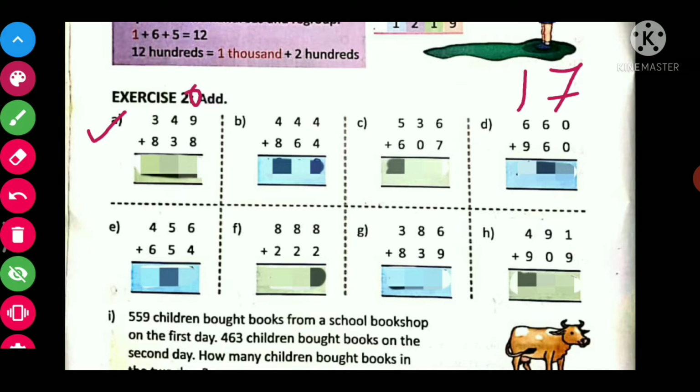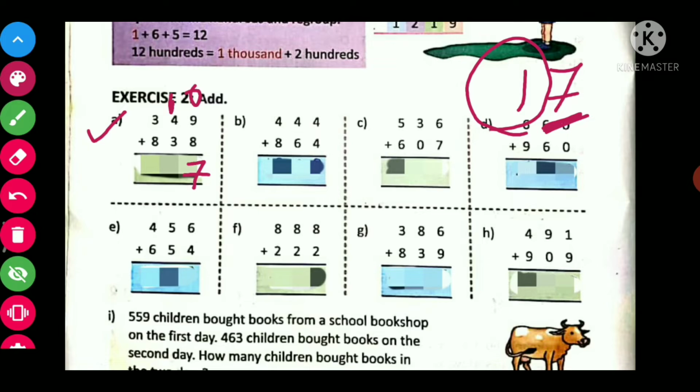So that's why we'll write 7 in the ones place, and this 1 we will give to the tens place. Okay, this is what regrouping is.